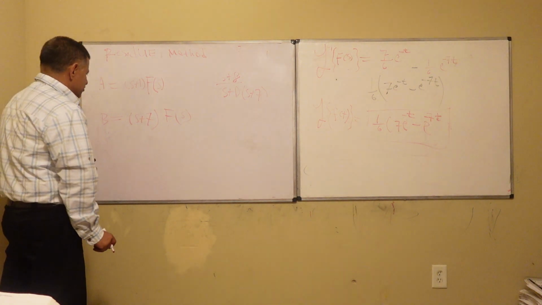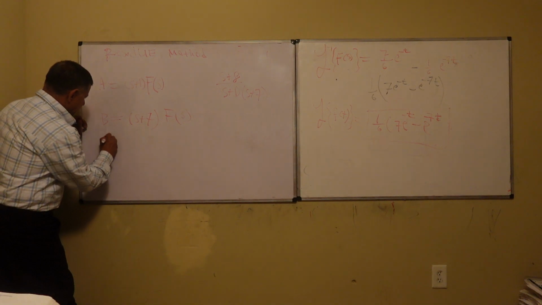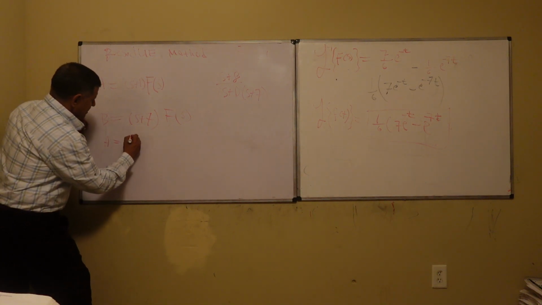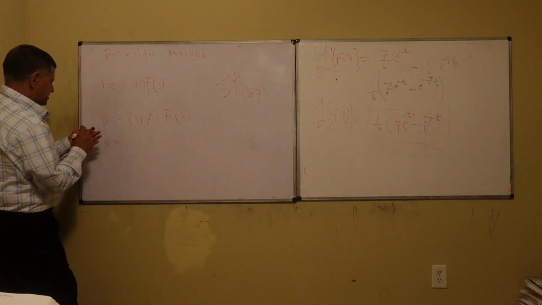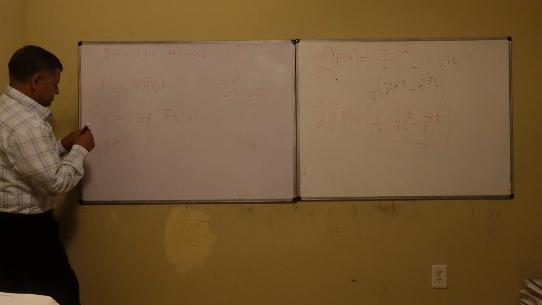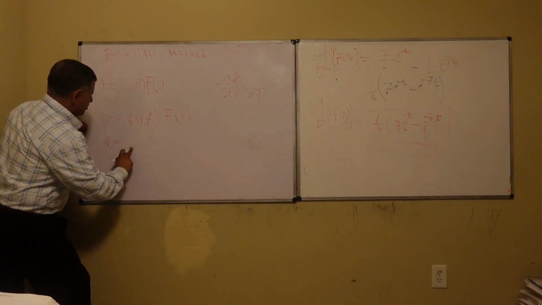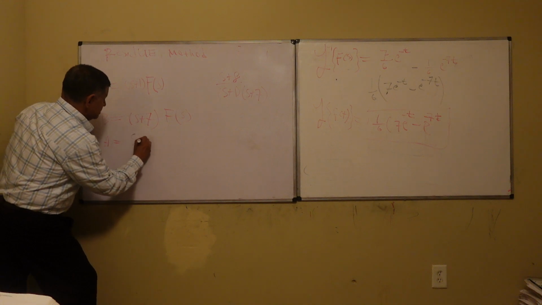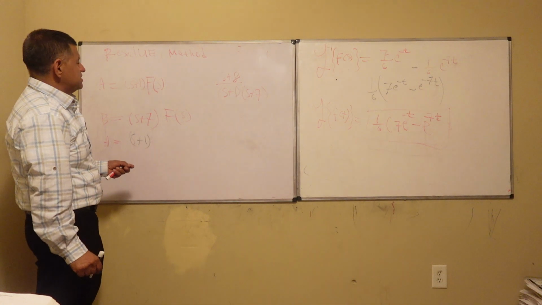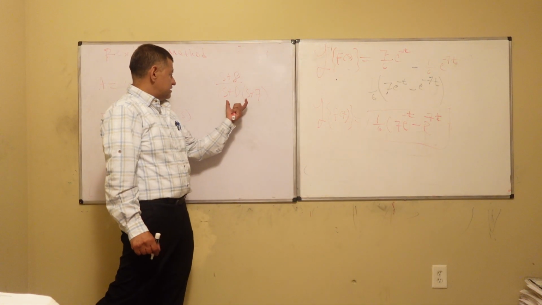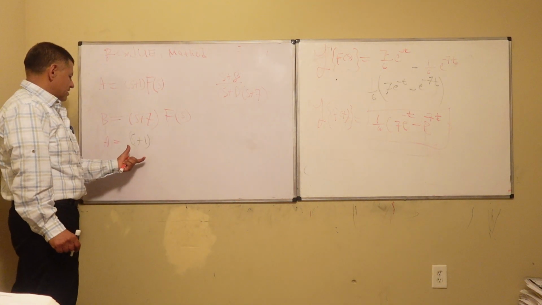Now let's do this. To find A, what do I do? A is going to be equal to S plus 1 times this whole thing, the F of S, that represents that guy, right?